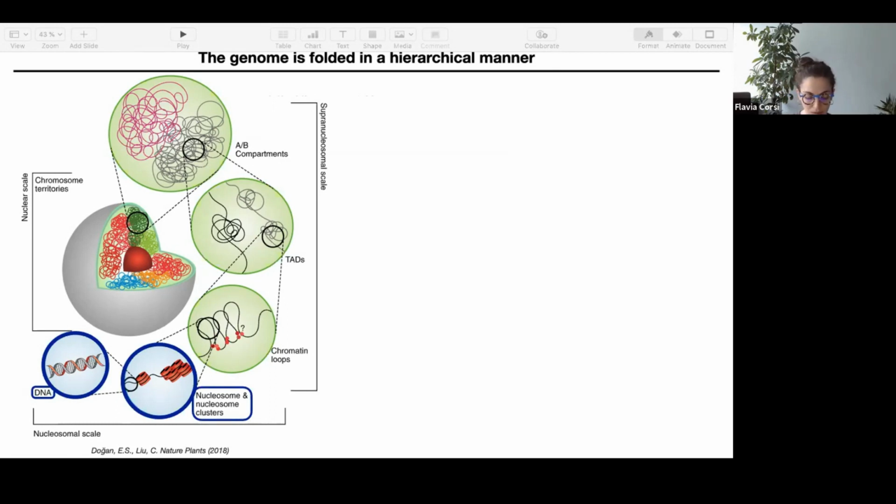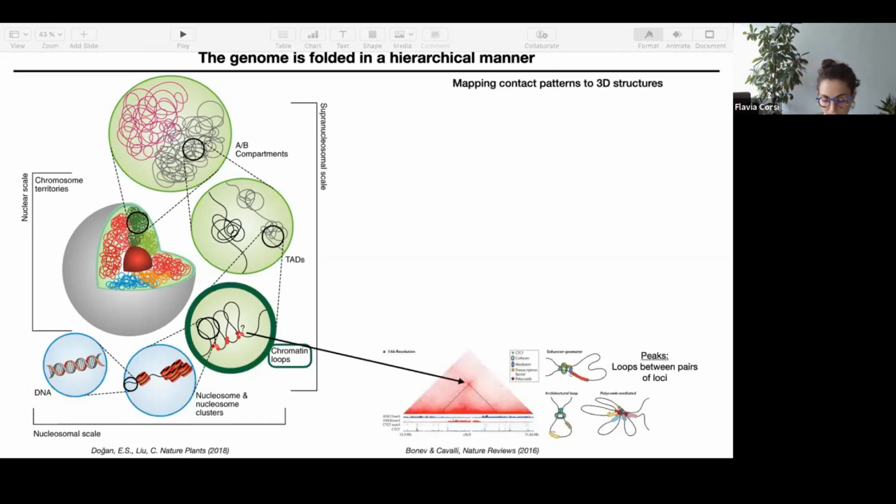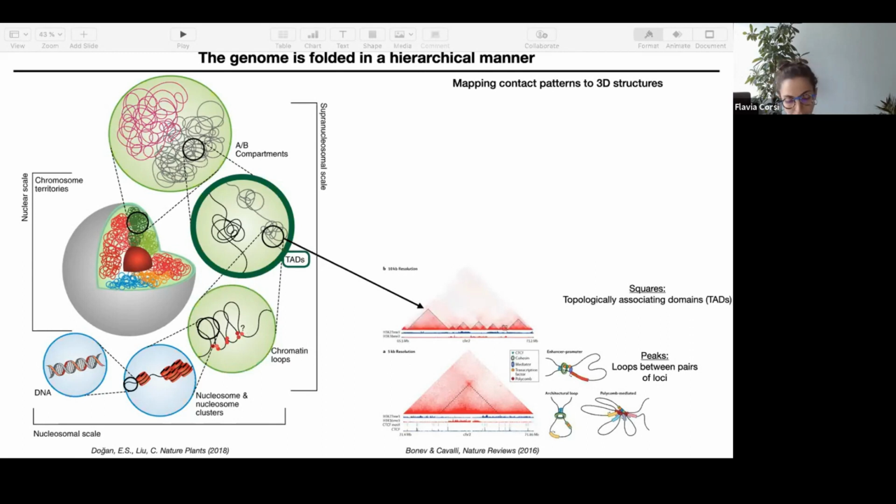So Hi-C allowed us to discover that larger genomic regions are organized into loops that bring into proximity pairs of genomic positions, for example, for gene regulation purposes. If we zoom out, we discovered that groups of these loops are clustered together to form topologically associating domains, or TADs.